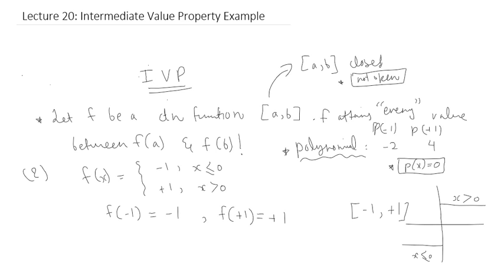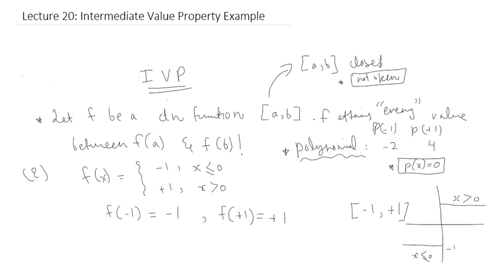We might think that the intermediate value property is being violated over here or being contradicted, but that is not the case, because if you look at this situation and analyze it, we have a value of -1 over here, right? We have a constant function, and a value of -1 is attained, right? And then there's this jump to a value of +1, but there's no other value in the middle.